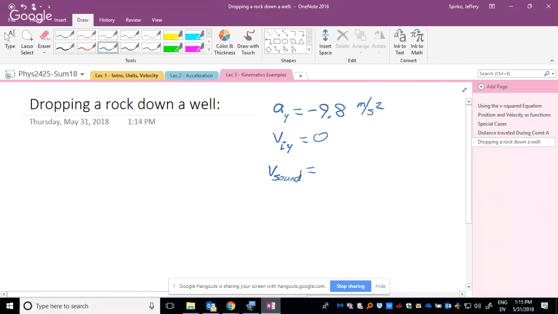And I'm going to use, I guess, 336, which is what's on my screen as my speed of sound.